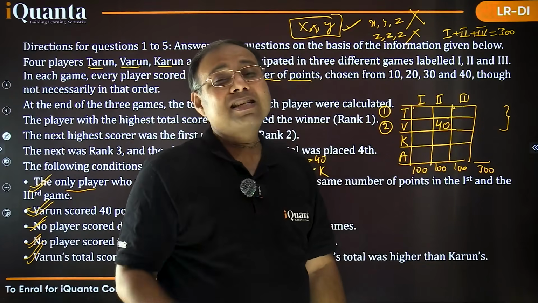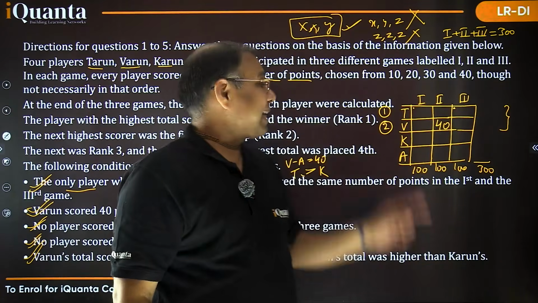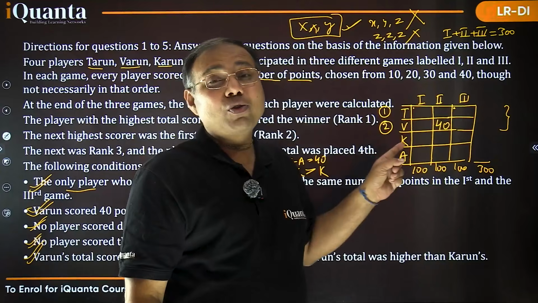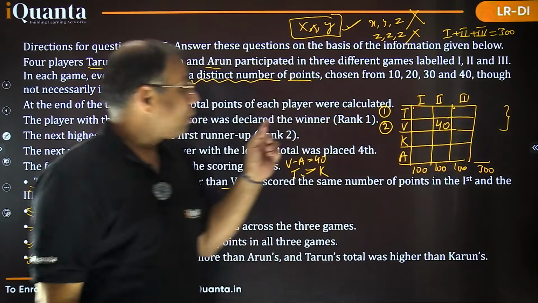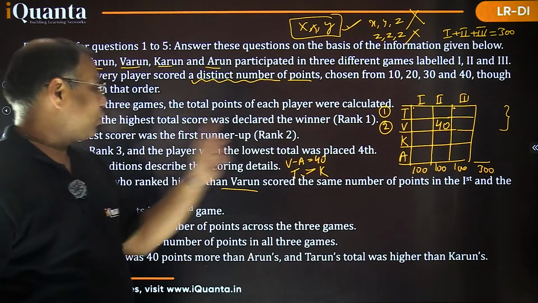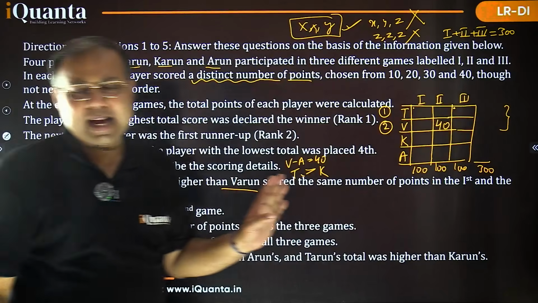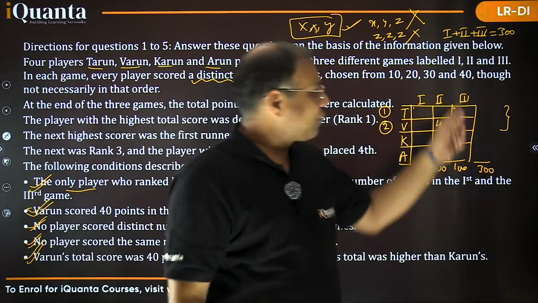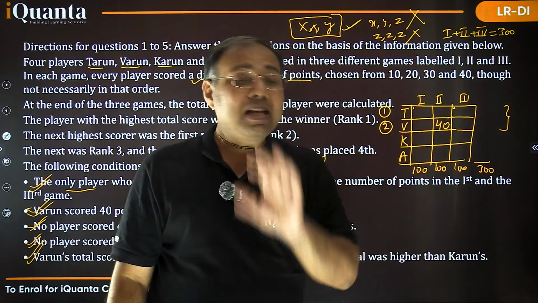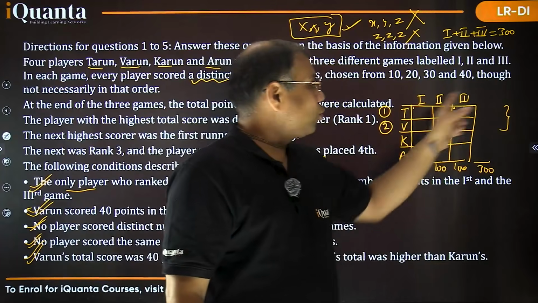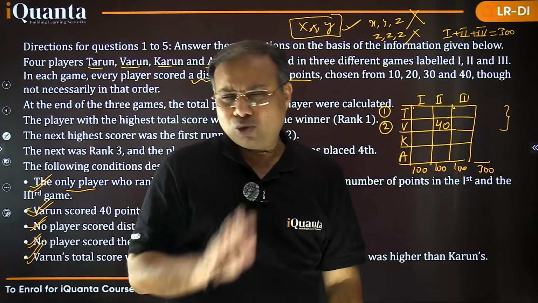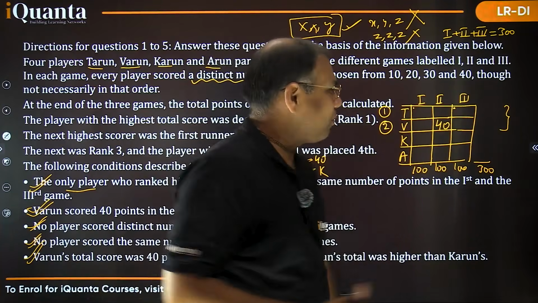But in that case, these can't remain rank 1 and 2 because we know that their totals are different. Remember, all have different ranks, rank 1, 2, 3 and 4. There's no tie at any point. So everyone has a different total value. So clearly, the sum of these two should be more than 150. Do you agree with this? Yes, it should be more than 150.